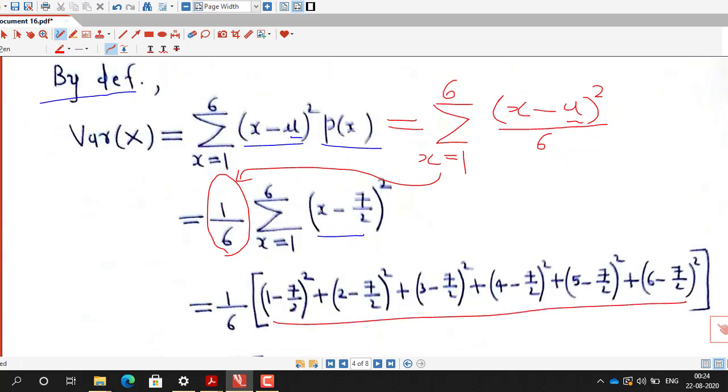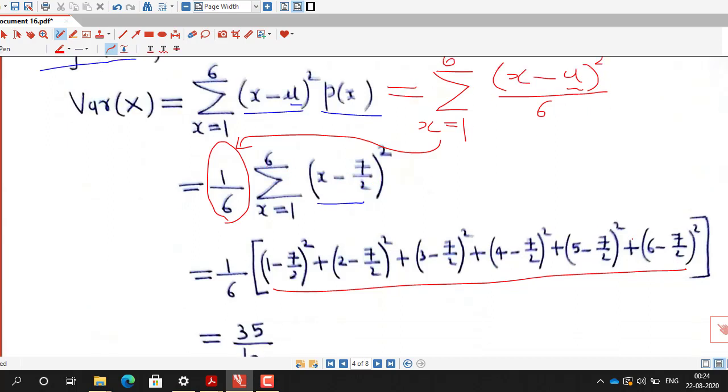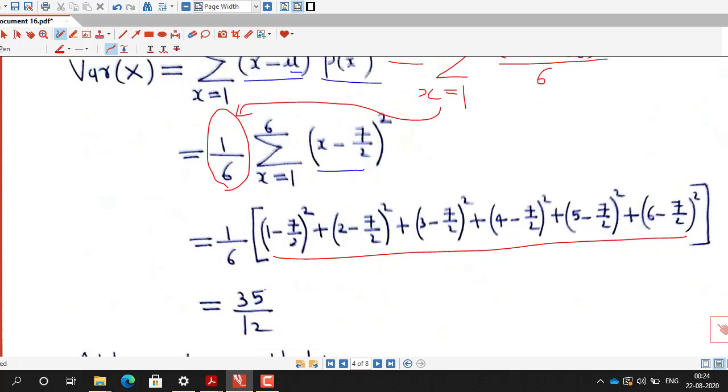For x equal to 1 it is 1 minus 7 by 2 whole square. For x equal to 2 it is 2 minus 7 by 2 whole square, and so on up to x equal to 6. If you do the calculations, I have written the answer directly: you will obtain 35 divided by 12.